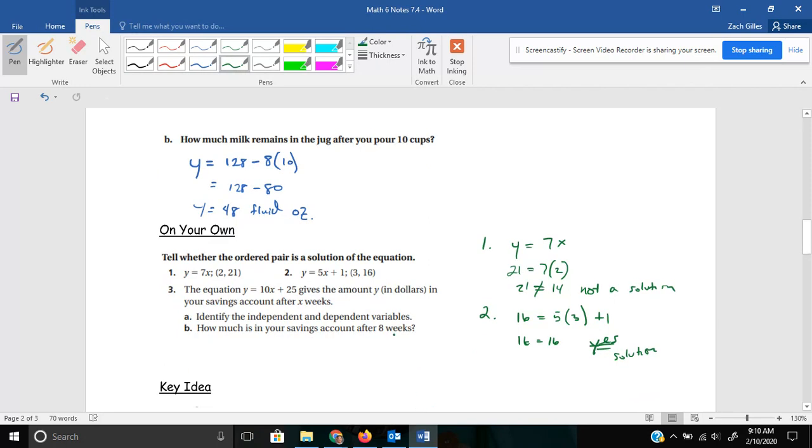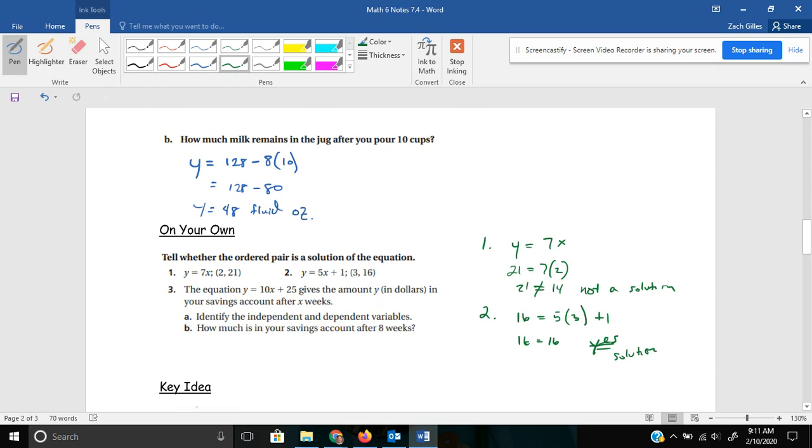And number 3, a little more practice again with dependent and independent variables. The equation y equals 10x plus 25 gives the amount y in dollars your savings account has after x weeks. All right, so what's going to change here?